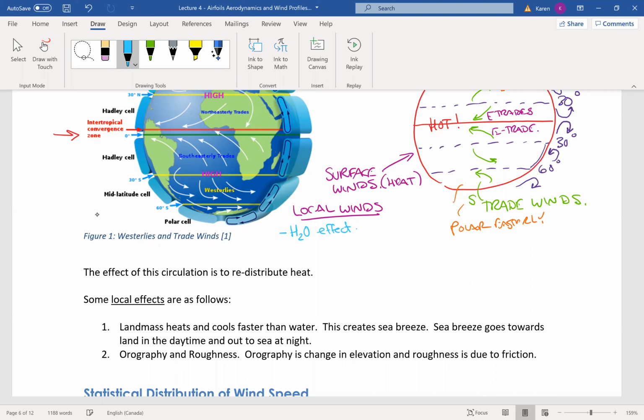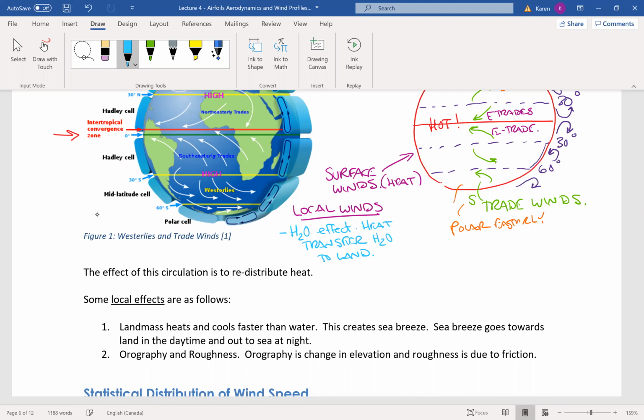And that means heat transfer. So say from a water body like a lake, that you hear lake effect winds, right? So that's because of the heat transfer from water to the land that has cooled down.